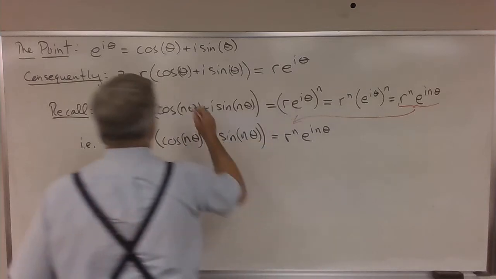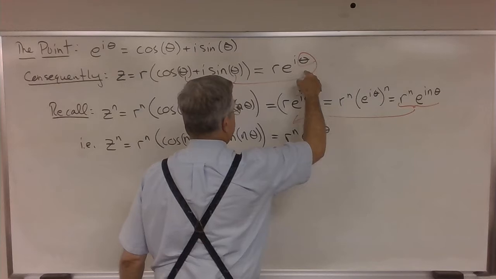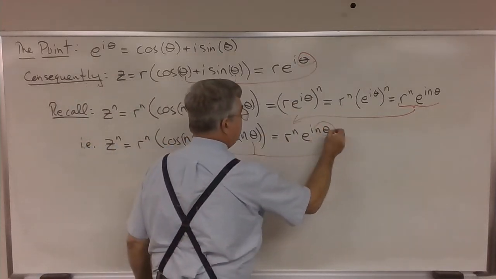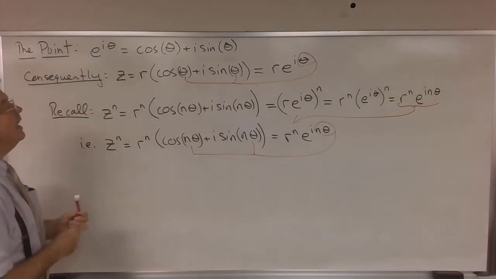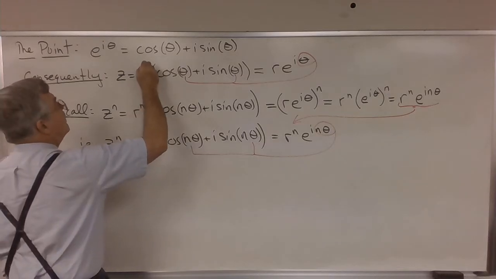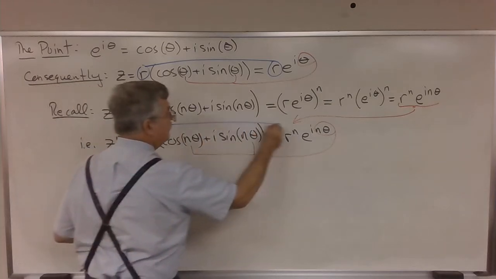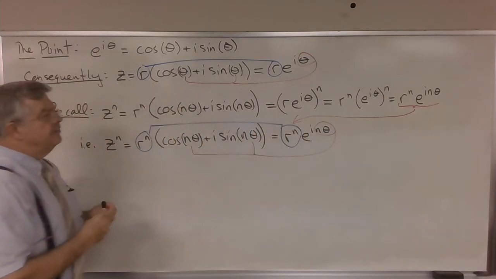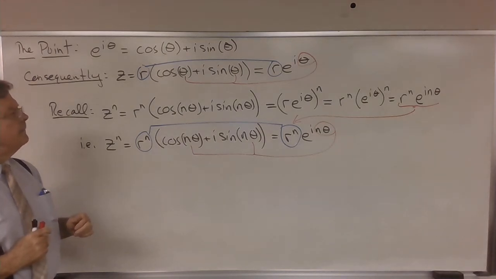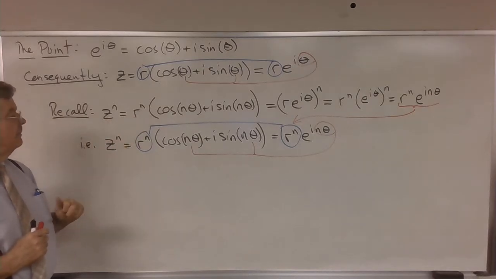See? Whatever is up here goes up there. Whatever is down here appears up there. Check. And the modulus is the same. So this is consistent with what we know about raising a complex number to a power.